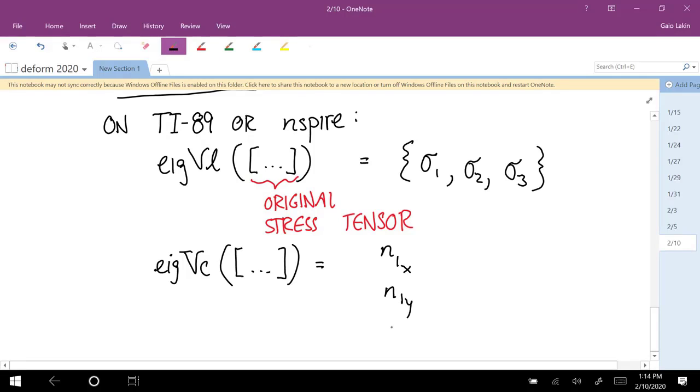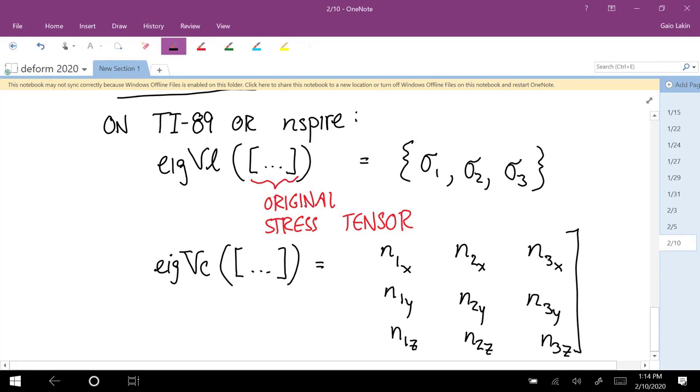N1x, N1y, N1z. That's the first eigenvector that corresponds to this one. Then N2x, N2y, N2z. That corresponds to sigma 2. And N3x, N3y, N3z. And that corresponds to, so these two correspond, these two correspond, and these two correspond.